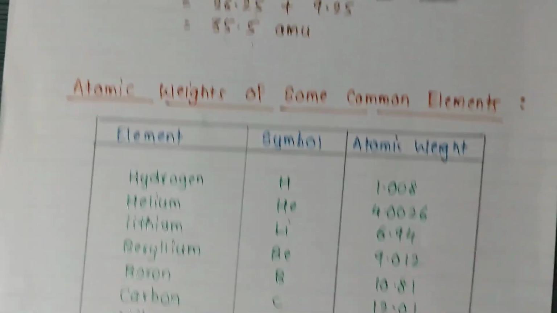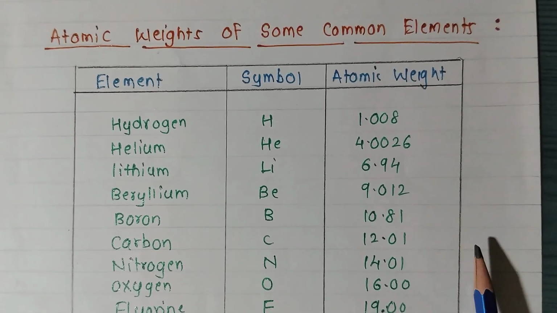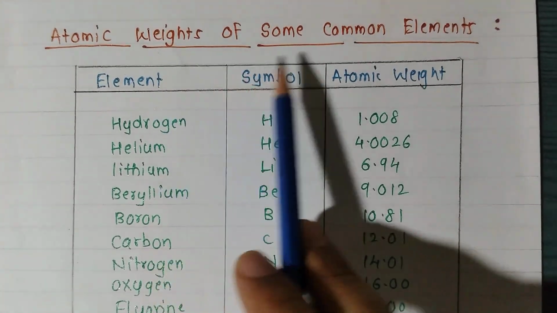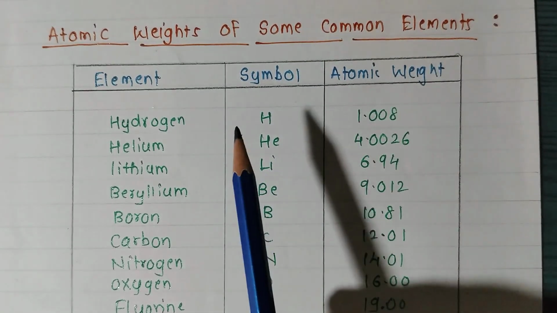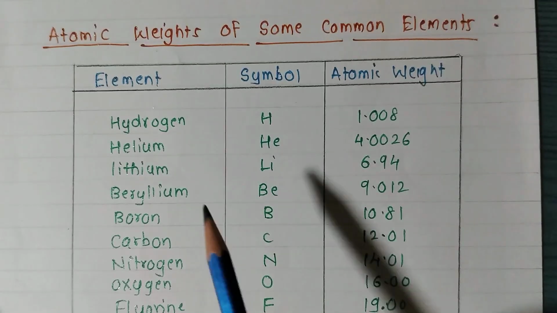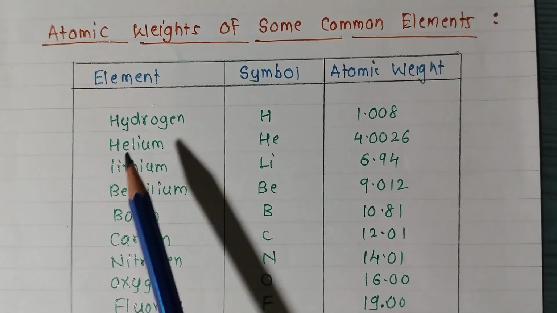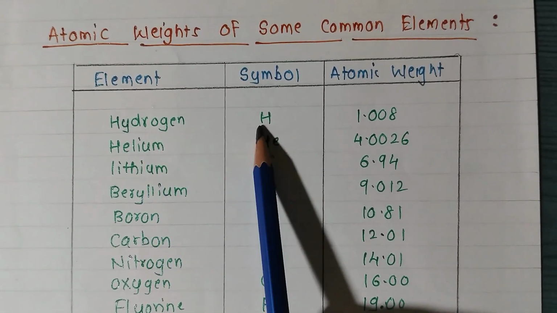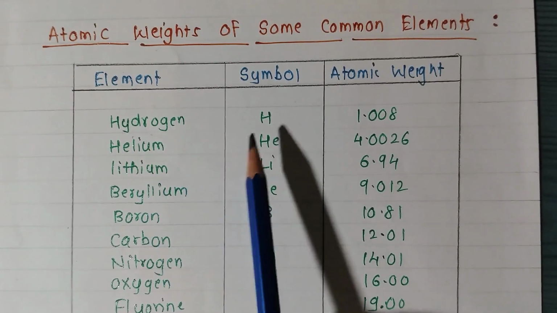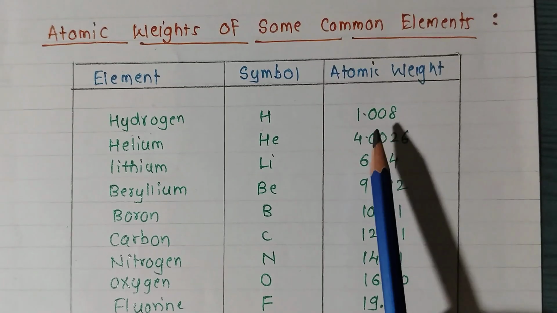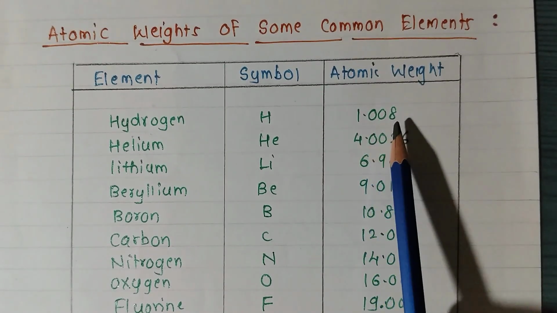So here are some examples of atomic weights of some common elements. Element hydrogen, symbol H, atomic weight is 1.008.